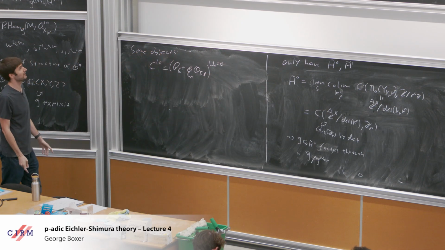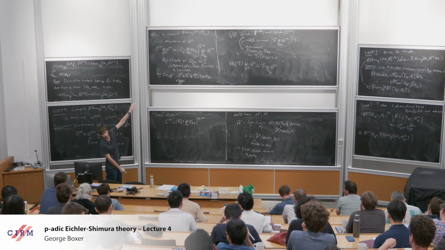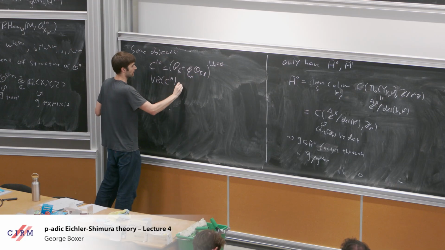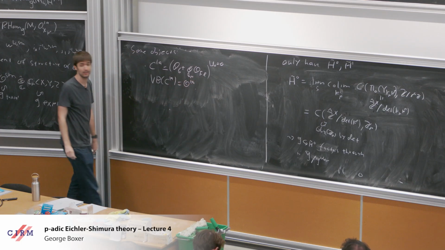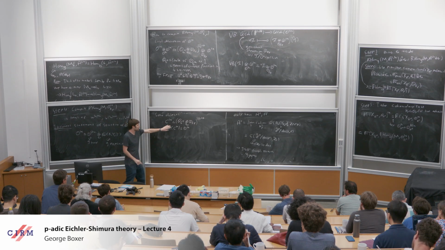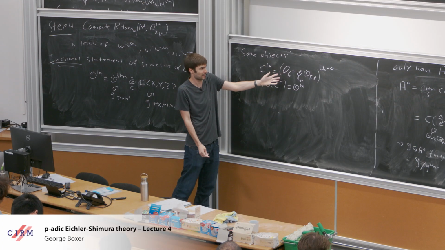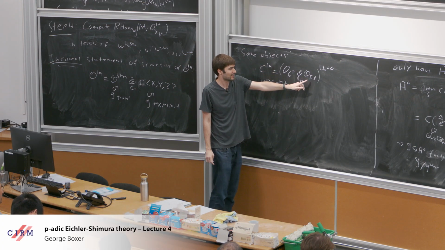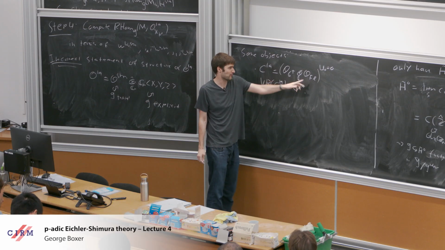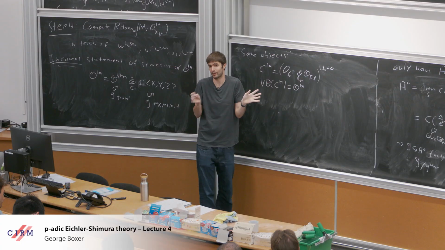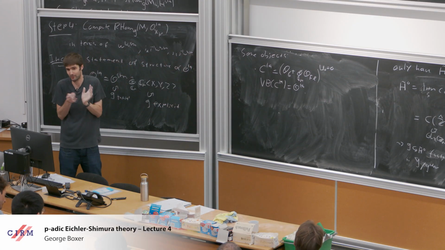So that's an object in this category, and that formula is basically telling us that VB of it is OLA, okay? And this is an example of what I mean when I say you really have to allow big sheaves, because somehow the fibers over a point of FL are really these germs of analytic functions in 3 variables. So it's not like a coherent sheaf, it's really a quasi-coherent sheaf with some topology.